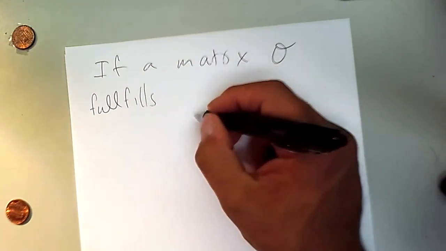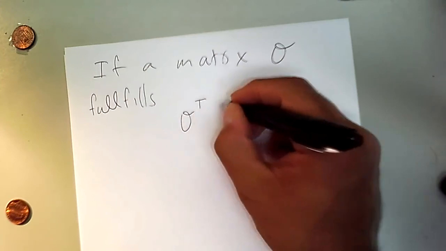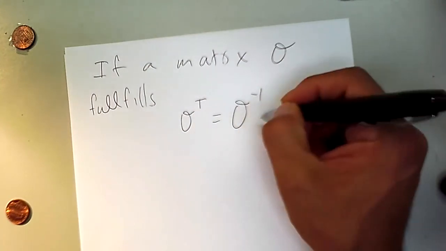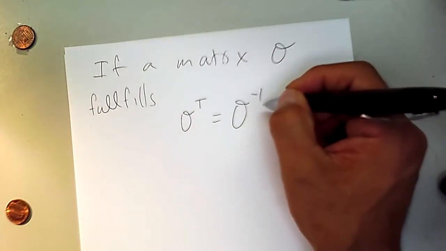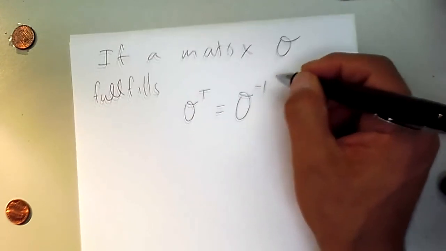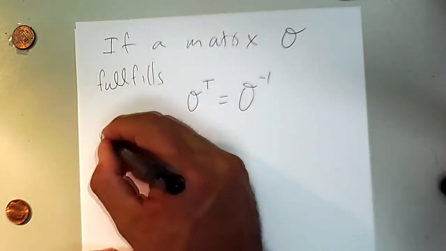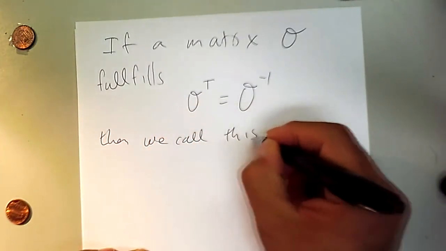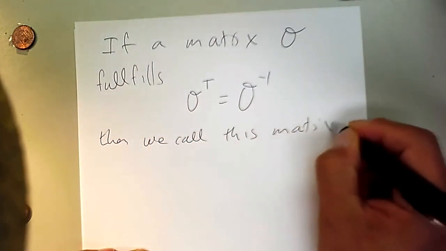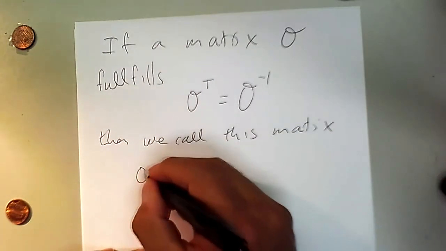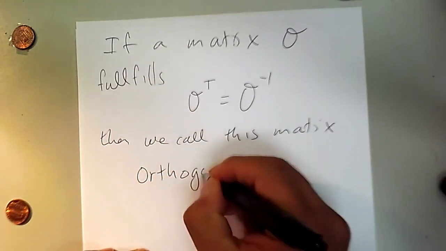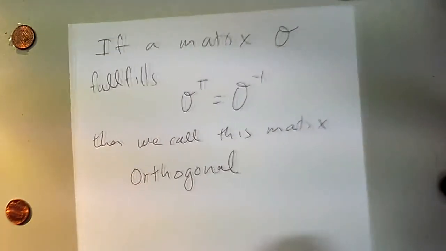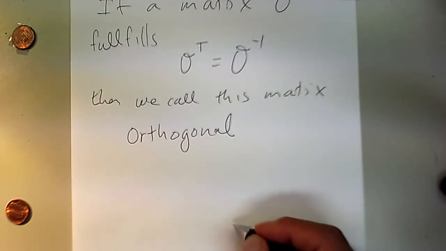That the transpose is equal to its inverse. Then we call this matrix orthogonal. An orthogonal matrix.